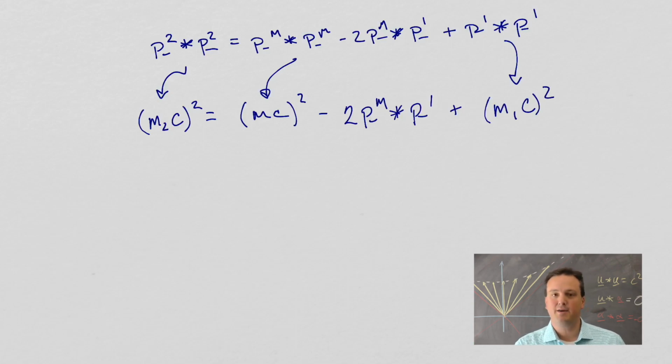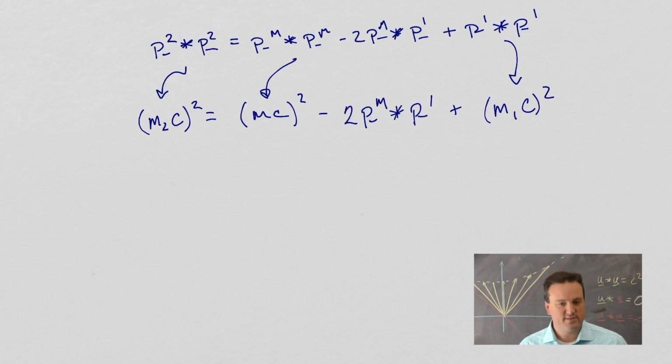And so the details of the explicit form of the four-momentum don't matter for 3 of the 4 terms that I have written down. I have m2 squared c squared on the left, and I have m squared c squared on the right, and m1 squared c squared on the right, right? 3 of those terms are trivial just by choosing this interesting combination.